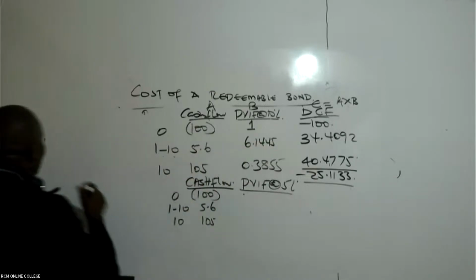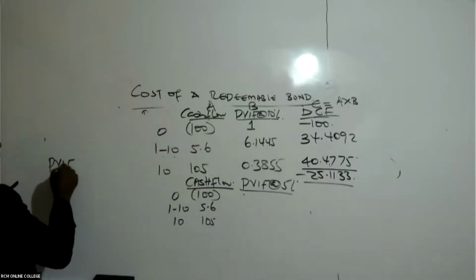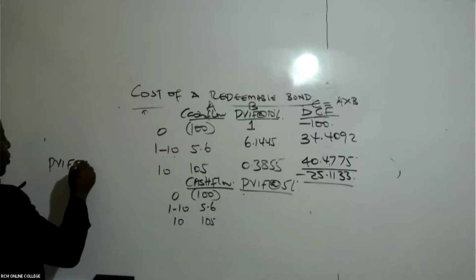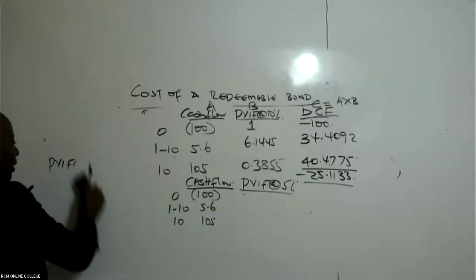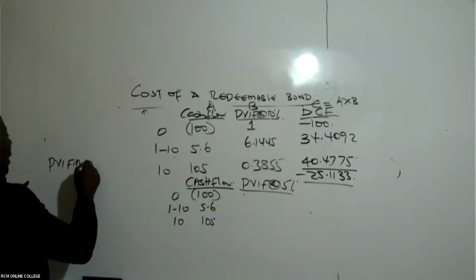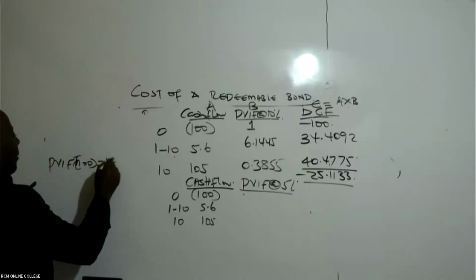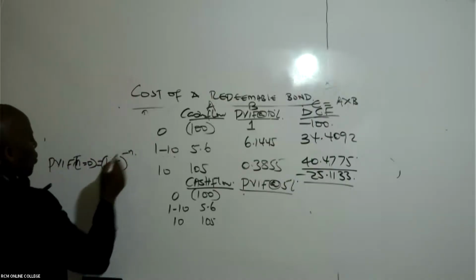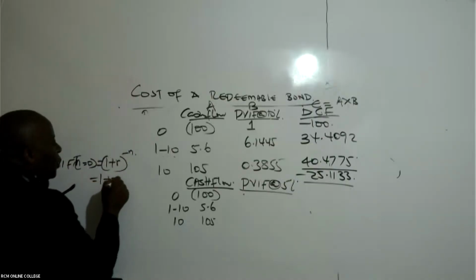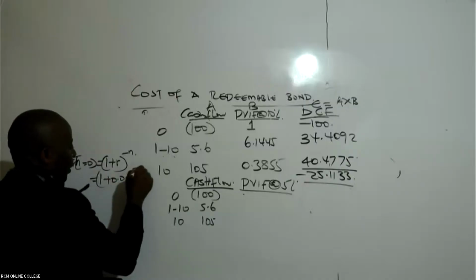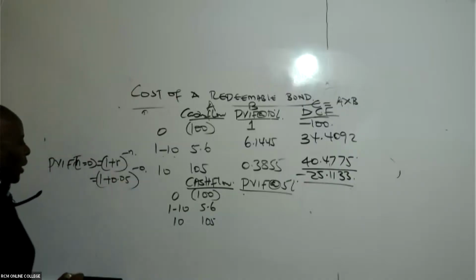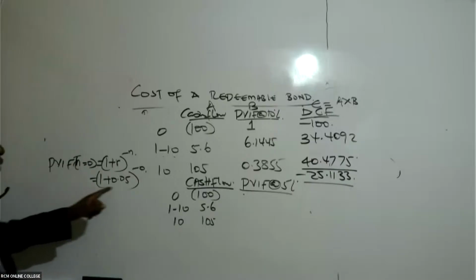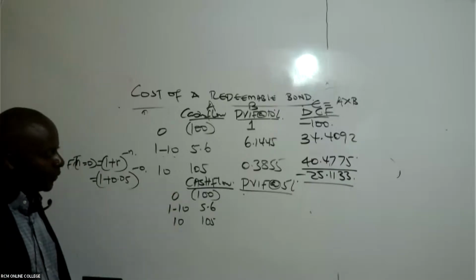So then I will have to calculate PV at times 0. PV when n equals 0, remember the formula is 1 plus r raised to negative n. So it will be 1 plus 0.05 raised to negative 0, because we're looking at times 0 when I'm getting this lump sum amount.